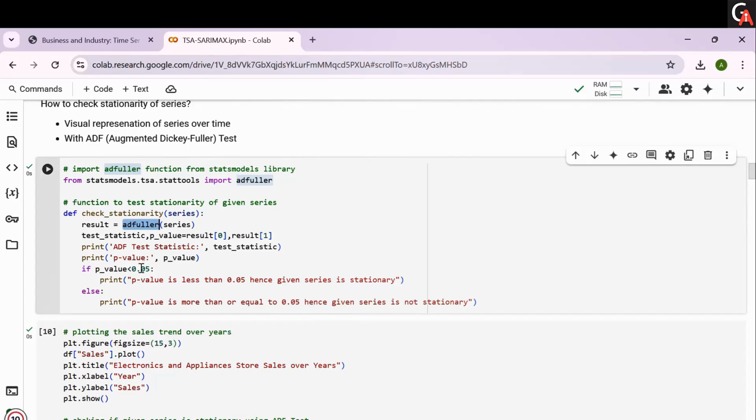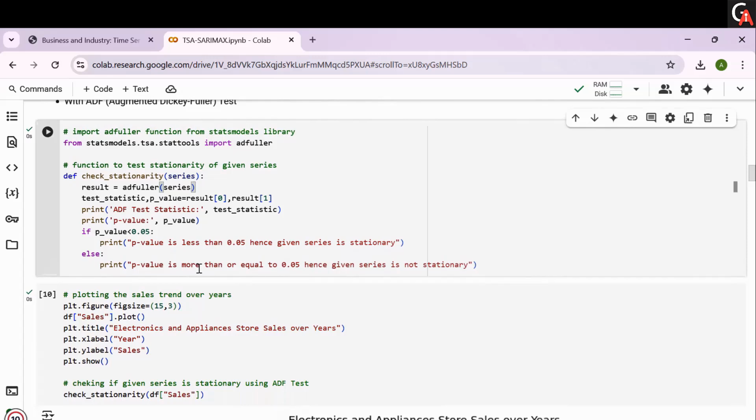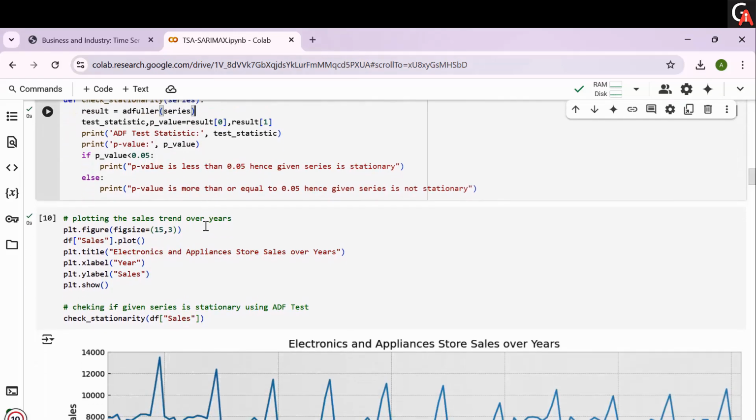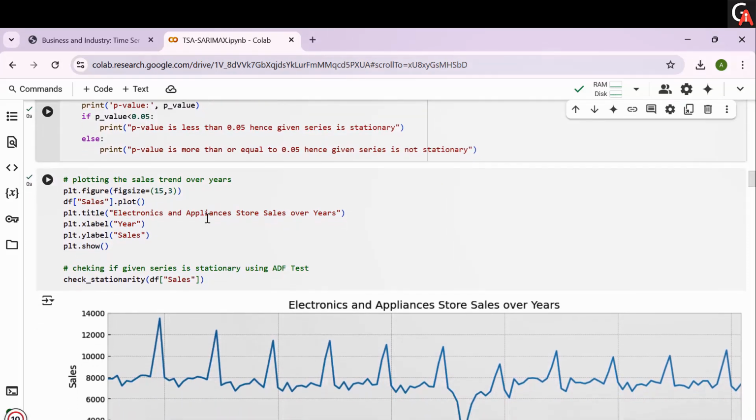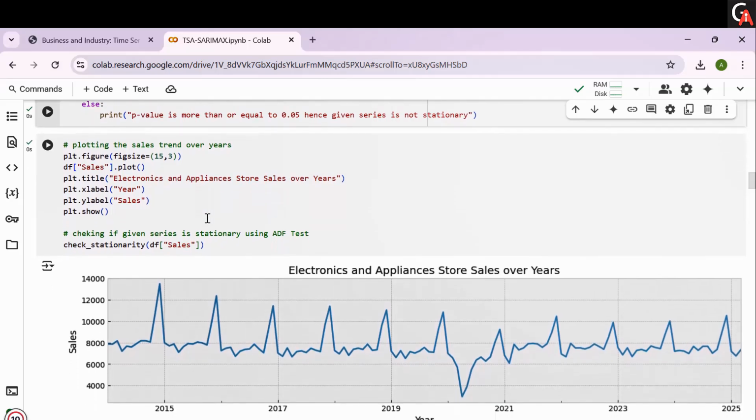If the p-value returned by the adfuller function for the given series is less than 0.05, it means that the given series is a stationary one. If the p-value is greater than or equal to 0.05, it means that it is not a stationary series. Now we have considered these two ways to check the stationarity of a series. So let's see it in action.